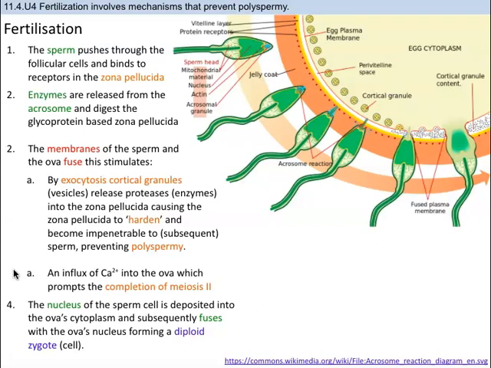And of course, finally, once the nucleus of the sperm cell is deposited into the cytoplasm, it's going to fuse with the ova's nucleus to form that diploid zygote that's going to start developing into a baby.